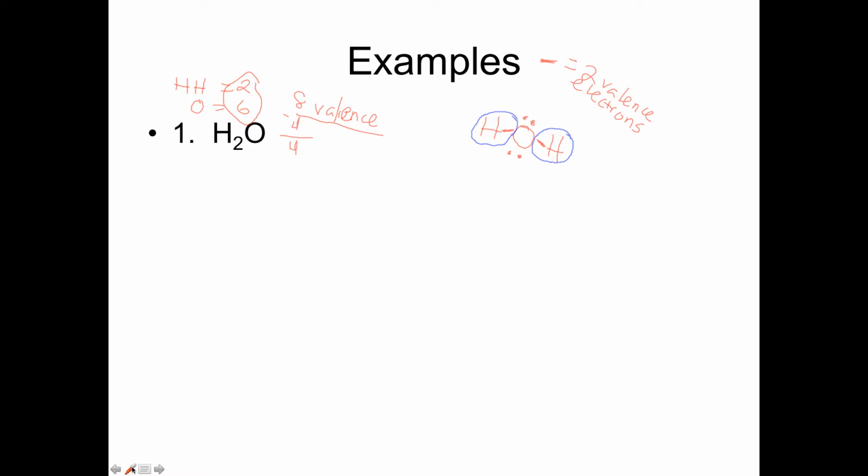Last thing I'm going to do is check to make sure that my oxygen is okay. Oxygen has a grand total of 2, 4, because it's sharing here, 6, 8 valence electrons around it. So hydrogens are okay with their 2, and oxygen is happy with its 8.